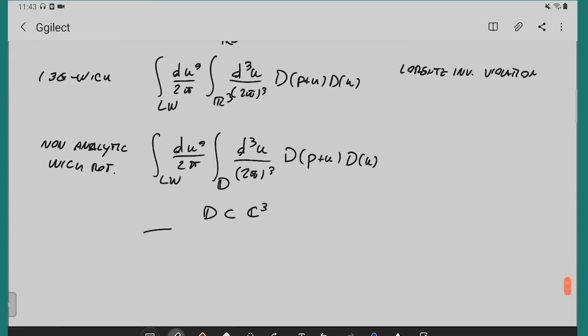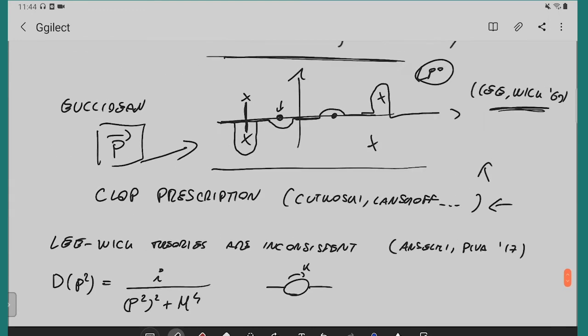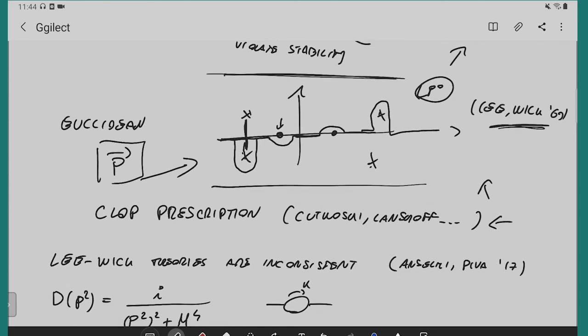This sounds a bit complicated. We did some explicit examples. You can somehow make a recipe to find D, but basically you have to find the specific domain for every diagram. The recipe for the Lee-Wick one is clear. You have to keep the poles, complex conjugated pairs, always above and always below this, the one on the right and the one on the left for each propagator in every diagram.